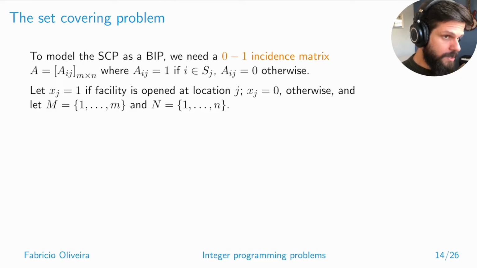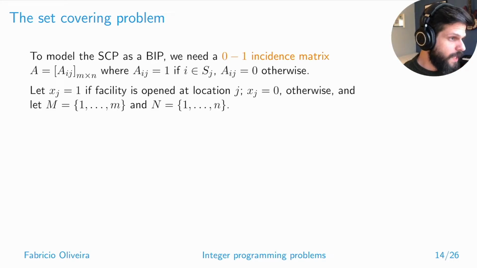But in this case, it is a parameter of our problem because we can figure out the incidence matrix just by looking at the structure. The matrix looks like so. It's an m by n matrix where all entries are binary, and it tells us that if a service center is located at J, then it will serve I if the entry is 1, and 0 otherwise.